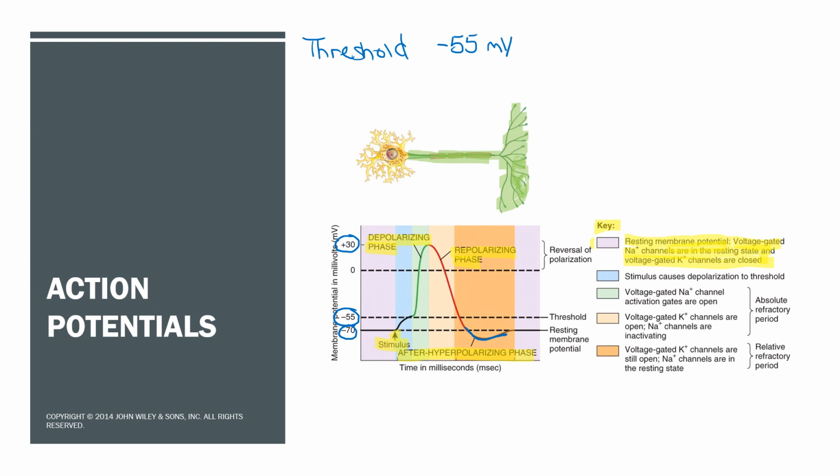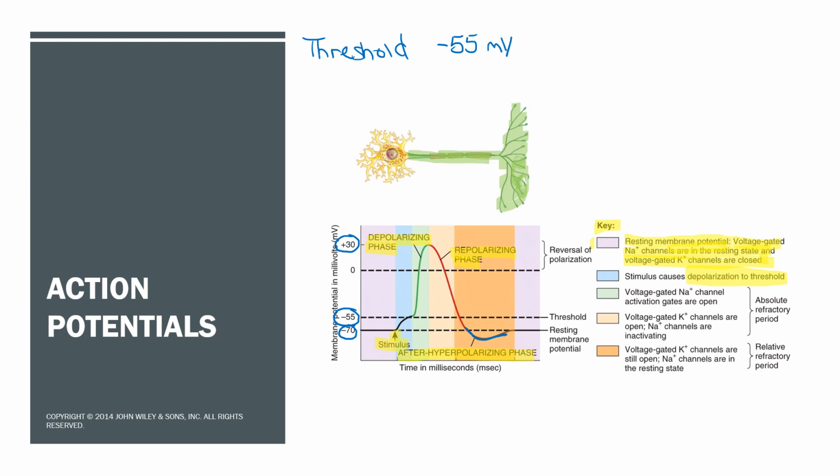After we have this stimulus, it causes depolarization to threshold, to that negative 55 millivolts. Once the cell reaches threshold, we start this green part here.